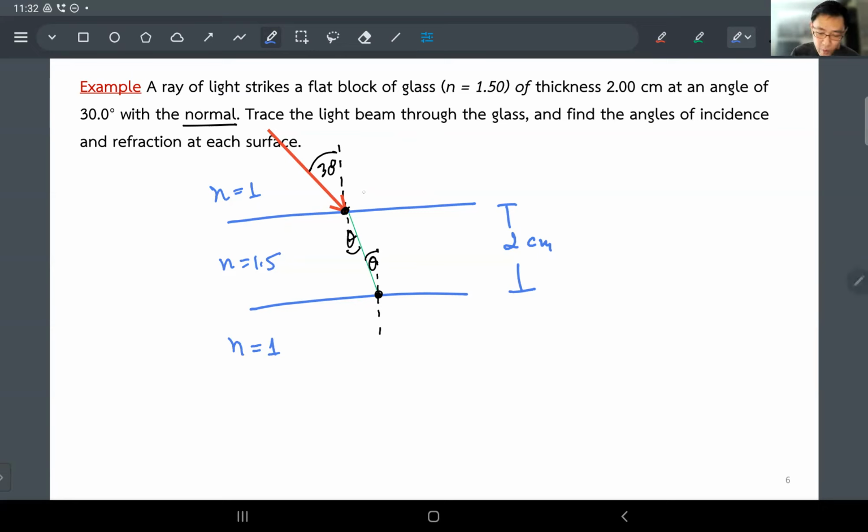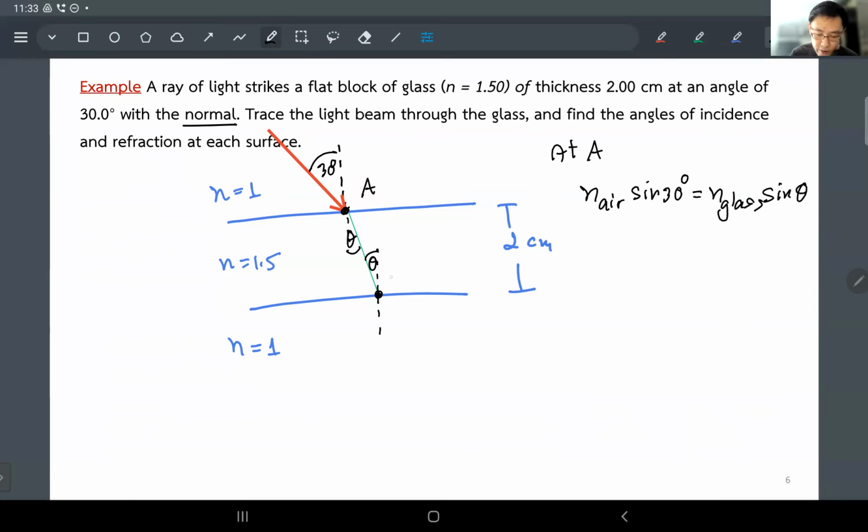At point A, what you have is n air sine 30 equal to n glass sine theta. You guys with me? This is how it works. Just apply it right away.